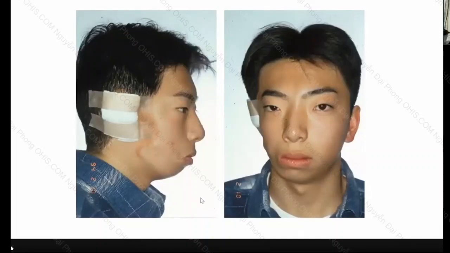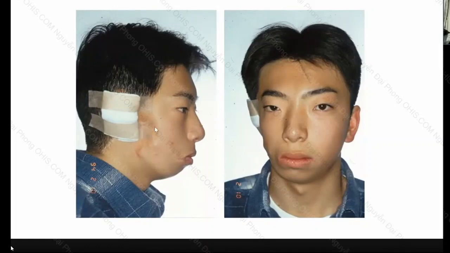Okay, this is a case that a plastic surgery department doctor at a medical school sent me. He had hemifacial microsomia. One side of his ear is missing, and here there is no joint, no condyle.